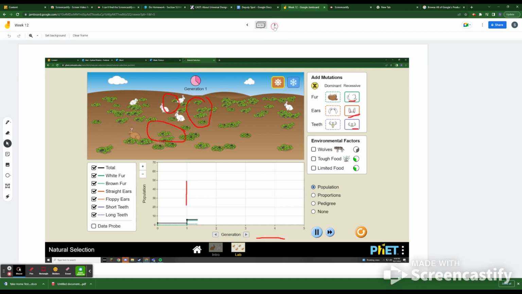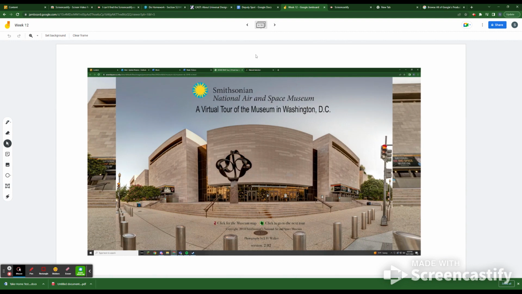Okay. So the next technology that I chose was actually a virtual tour of the Smithsonian National Air and Space Museum in Washington, D.C. I thought that this would be really fun if we were talking about airplanes and space travel, things like that, because it's also something that students will be interested in.